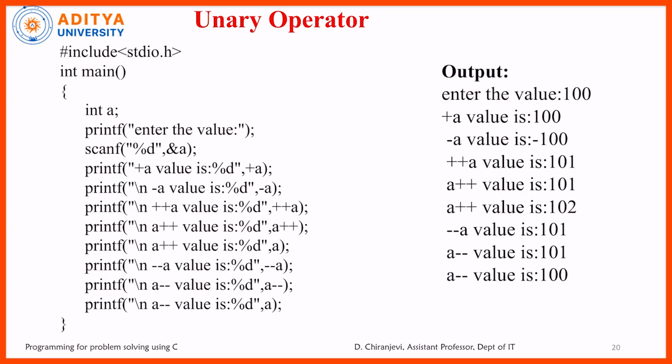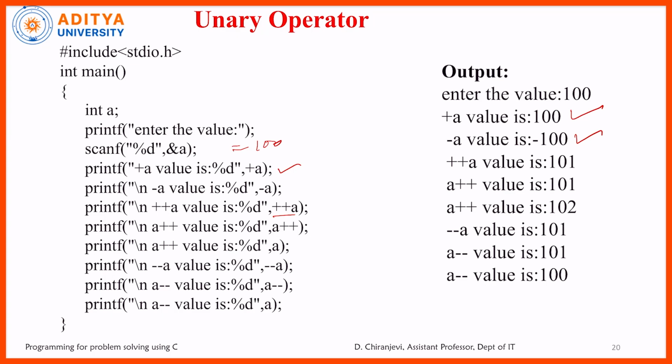So here I'm reading a value in this program. Let's say the a value is 100. So plus a means you will get 100 only, and minus a means you will get minus 100. And ++a is pre-increment. Generally these unary operators are performed on a single operand.